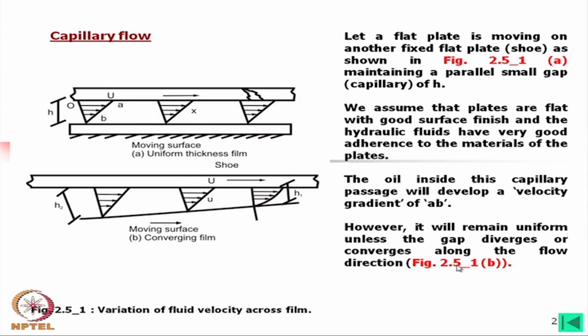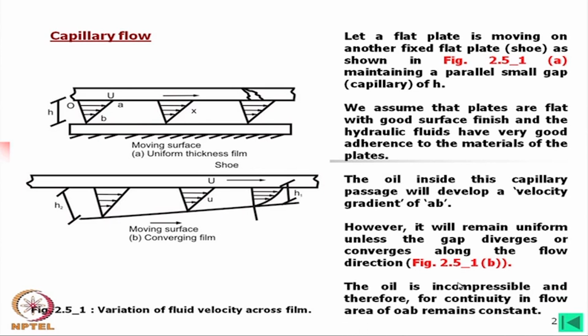Now, this is quite interesting. What we find is that the velocity of the midpoints is increasing in this case. The oil is incompressible and therefore, for continuity in flow, the area of OAB remains constant. This area will always remain constant, which I have already told you.